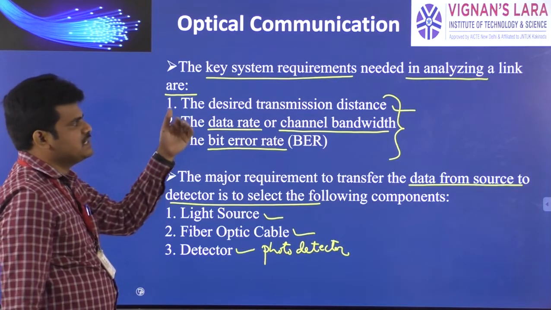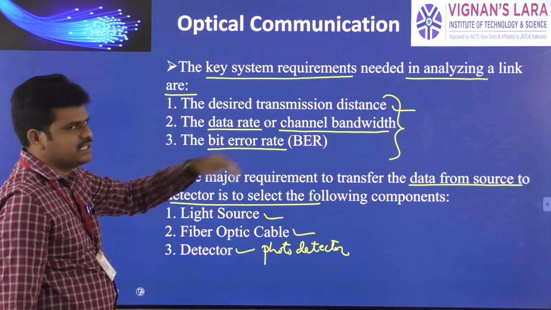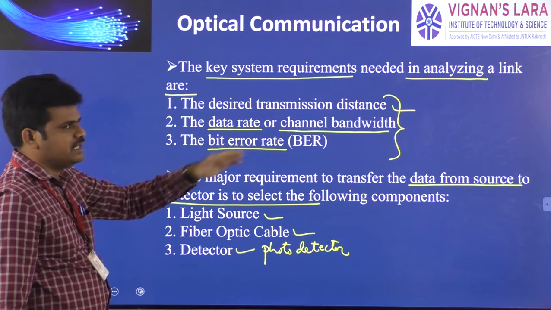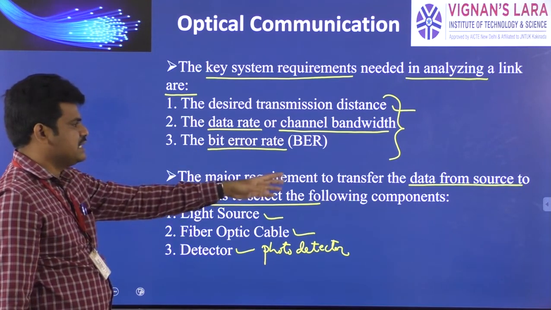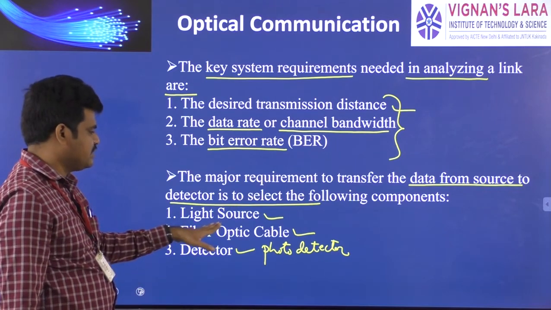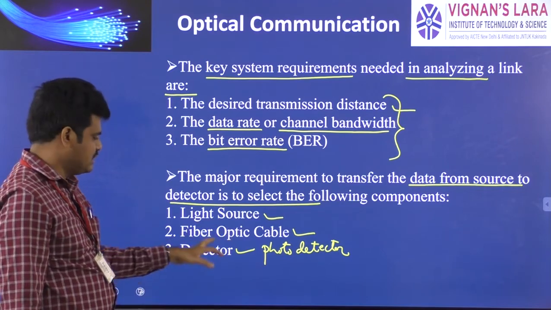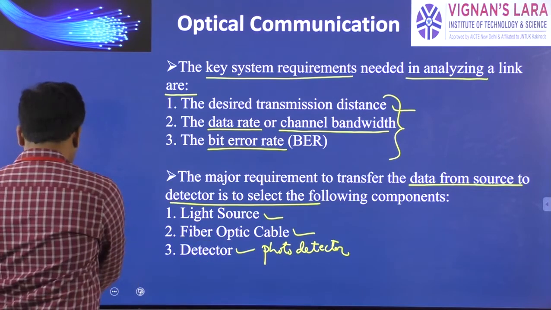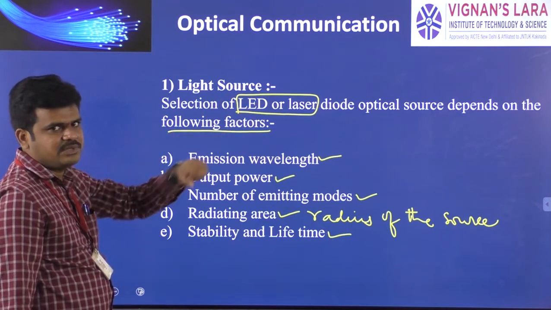So what are the key requirements needed in analyzing the link? The desired transmission distance, data rate or channel bandwidth, bit error rate. What are the major requirements to transfer the data from optical source to the detector? One requirement is optical source, second is optical fiber cable, third is the detector. What are the requirements for selecting the optical source, maybe LED or laser?